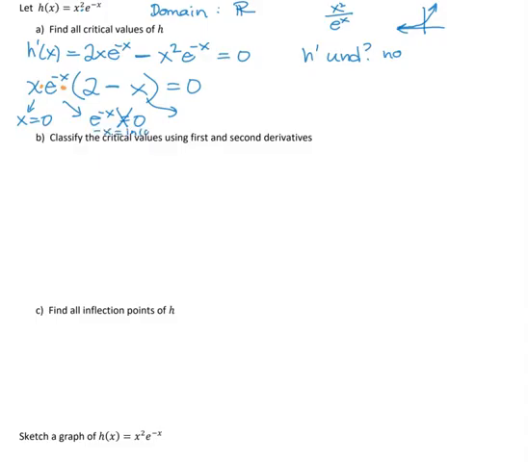Notice you get the natural log of 0, and that is not allowed. You can't take the log of 0 or negative numbers. So hopefully at some point your log memory kicks in and you recognize that you have a problem. And then the last one, 2 minus x equals 0 if x is 2. So we have critical values at x equals 0 or 2, two critical values.